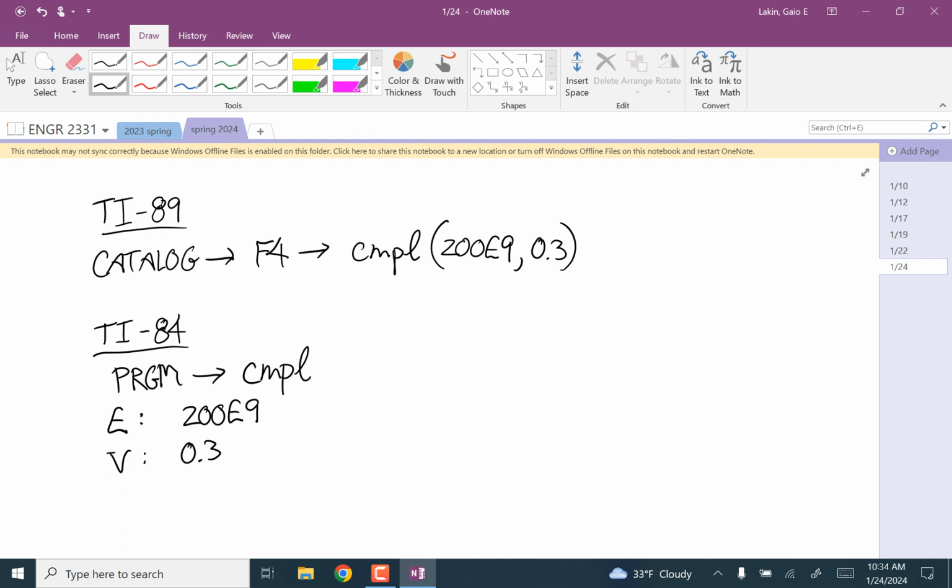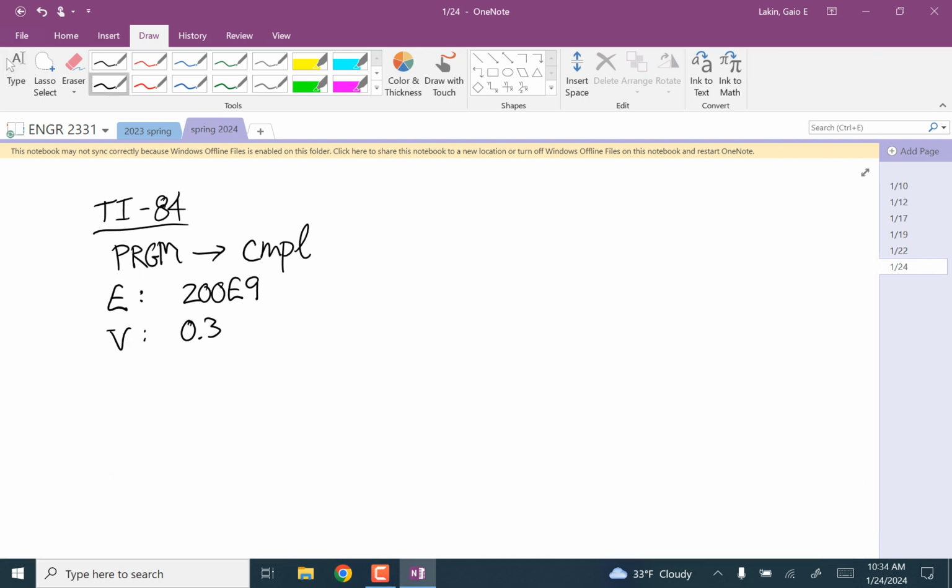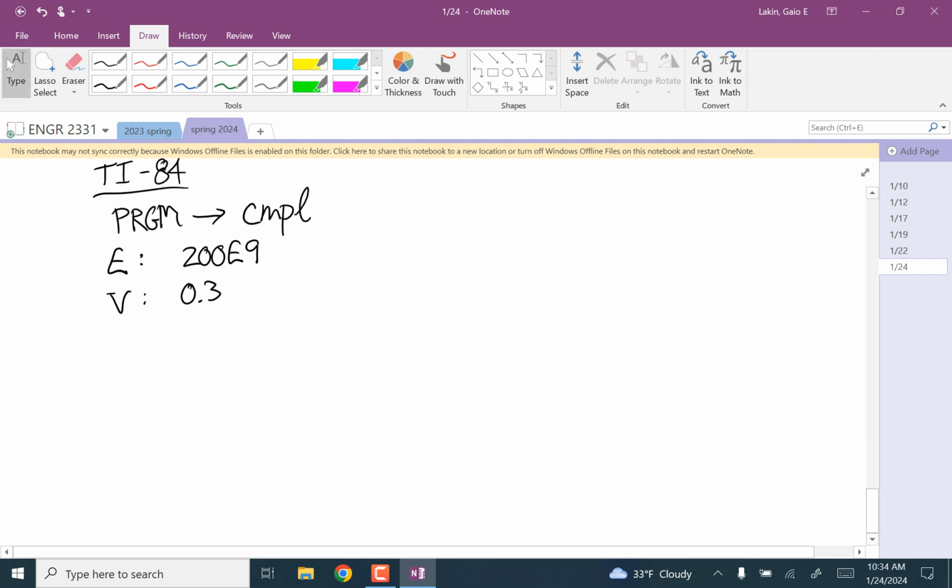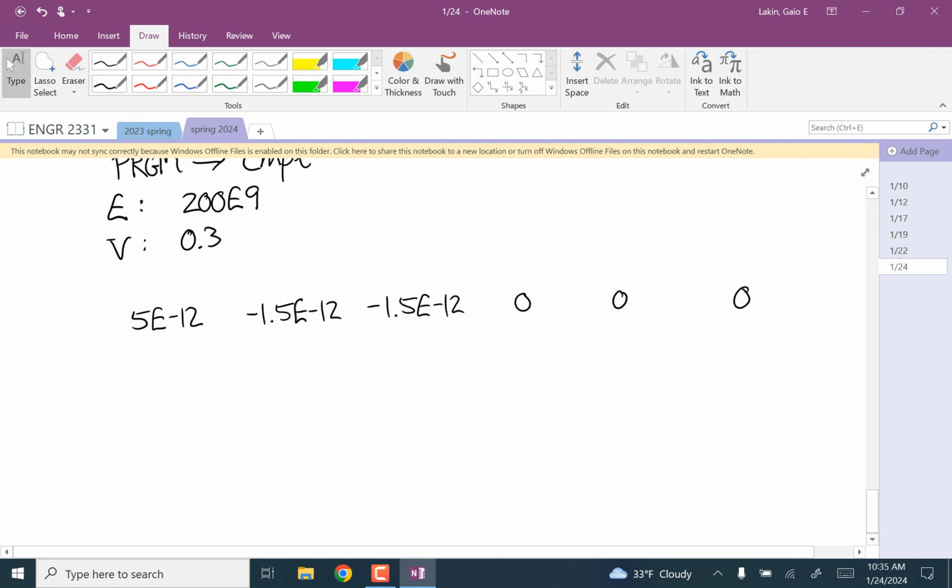And so I think what you get here, everybody should get the matrix 5 times 10 to the minus 12, negative 1.5 times 10 to the minus 12, negative 1.5 times 10 to the minus 12, 0, 0, 0.